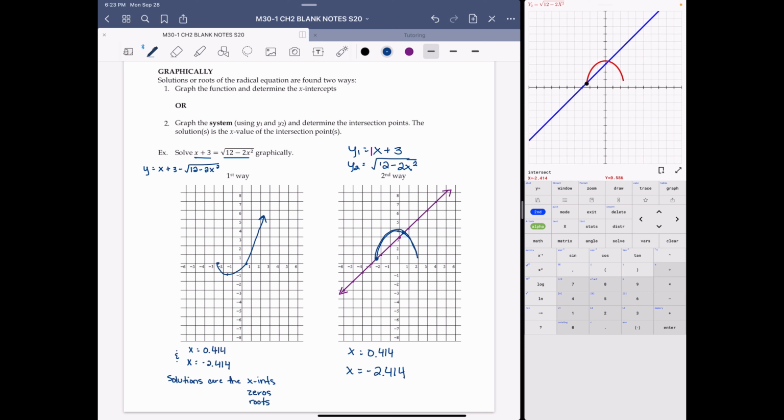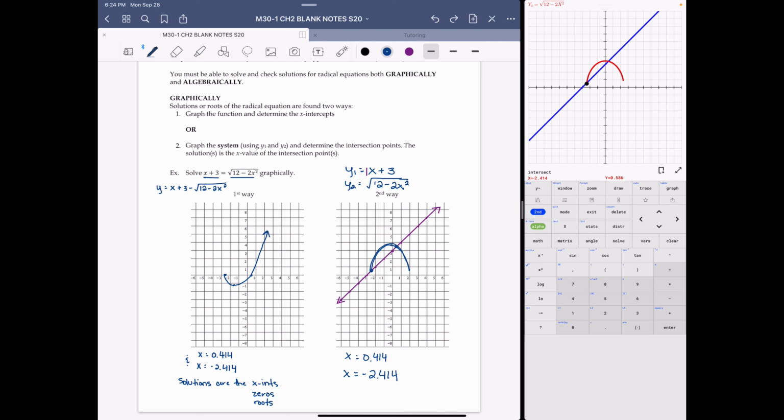Not beautiful, but that's okay. So we see that the x values of the intersection points for method 2 are the same as the x-intercepts, zeros, roots for method 1. So either graphing one equation and finding the x-intercepts, or graphing two equations and finding the x values of the intersection points.